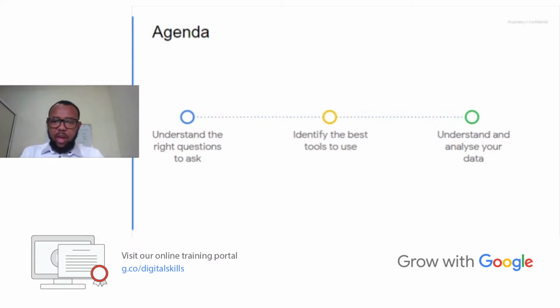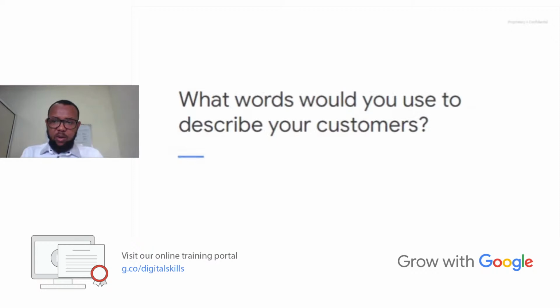So I would like us to get a little used to our chat box. I would like us to carry out an exercise immediately. What words would you use to describe your customer? Let's go to the chat box. The chat box is by the right hand side of your device.